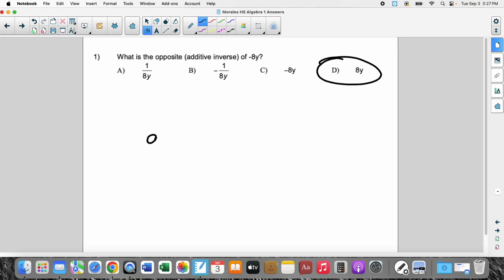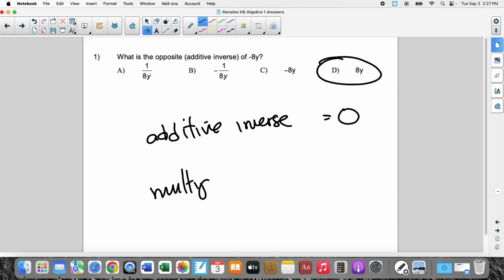So additive, it's right there, spelt right. Additive inverse equals two things that add up to 0, and the multiplicative inverse are things that multiply.